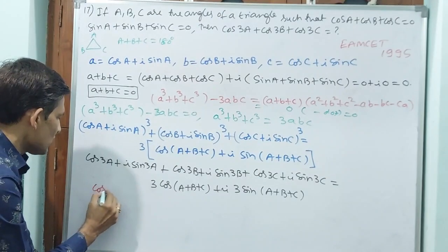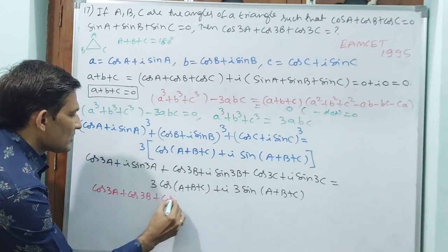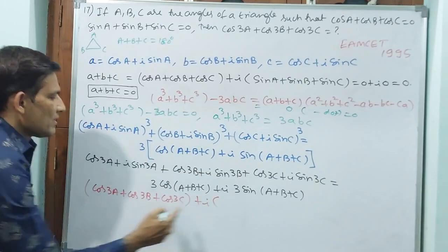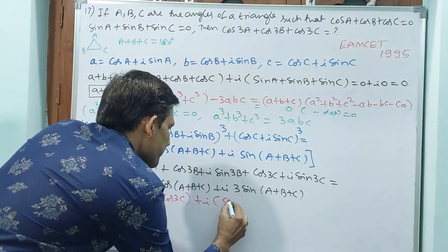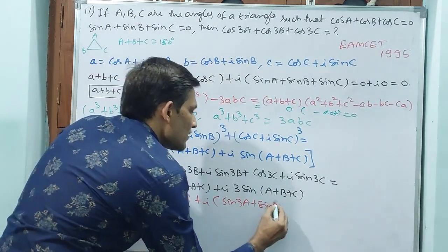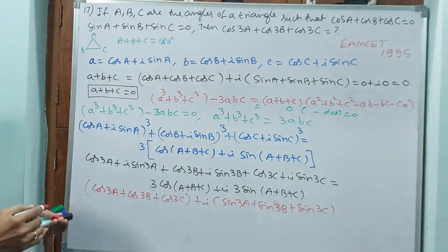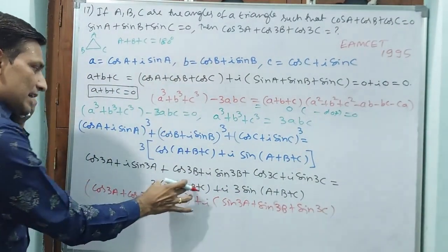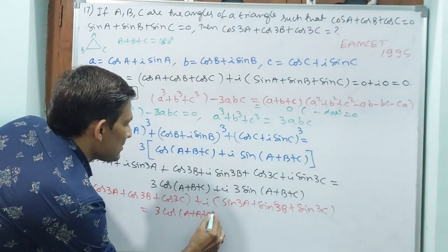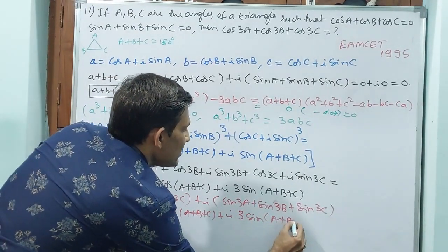You can add. Now you see, the real part is cos 3A plus cos 3B plus cos 3C. This is the real part. Plus i, what is the imaginary part? Sin 3A plus sin 3B plus sin 3C. This is the imaginary part. These are equivalent to 3 cos (A plus B plus C) plus i, 3 sin (A plus B plus C).